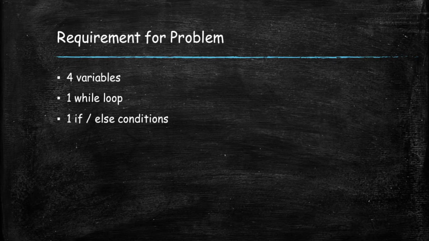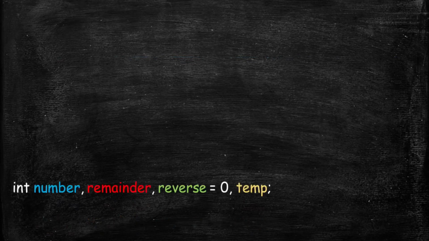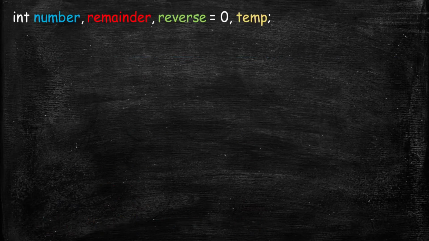We will print it is a palindrome number, and if it is not equal we will print it is not a palindrome number. First we will take 4 variables of integer. First is number, second is remainder, third is reverse, and the fourth is temp, which is a temporary variable.